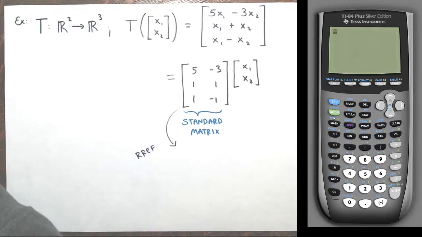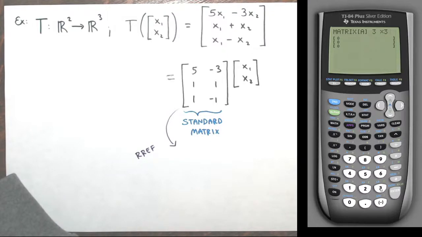Go to the matrix menu, over to edit. Now this is a 3 by 2, but if I enter 3 by 2 and ask to put it in reduced echelon form, it's going to come back with a dimension error, because for some reason when there are more rows than columns, it's not able to do it. So I'm going to bump up the number of columns by 1.